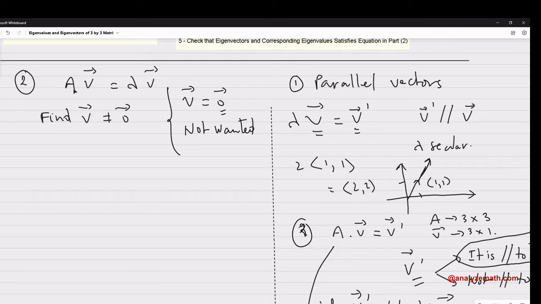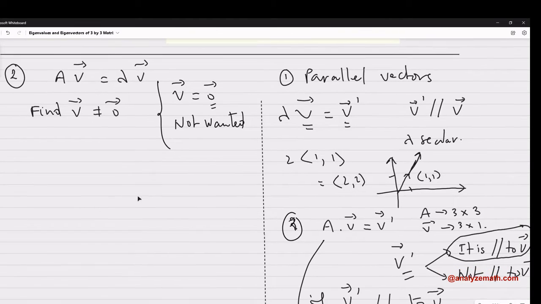Good. Now looking at the equation, on the left side it's a matrix multiplied by v. On the other side it's a scalar multiplied by v. So let's make some transformation so that both sides look the same. Remember, A is a 3 by 3 and v is a 3 by 1.